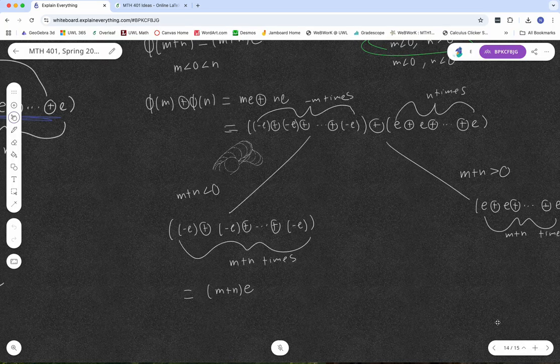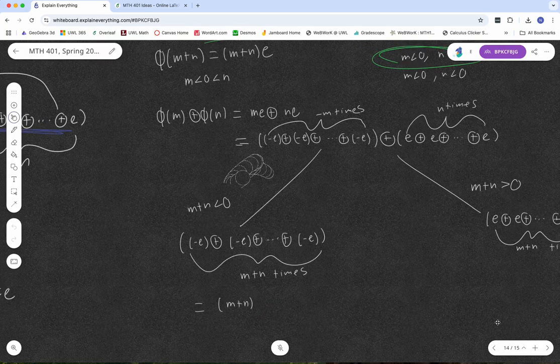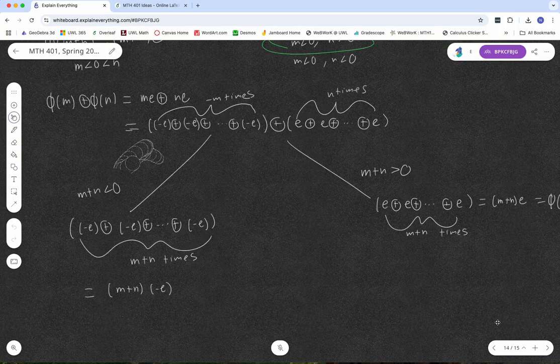Isn't that really m plus n negative e? What's going on here?